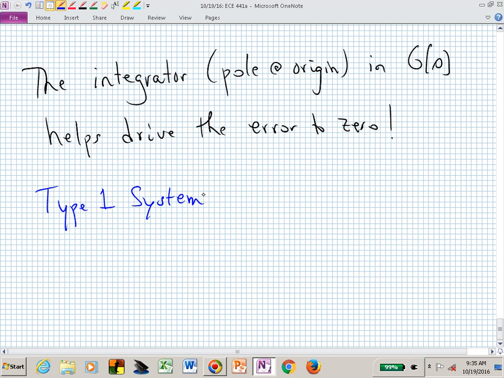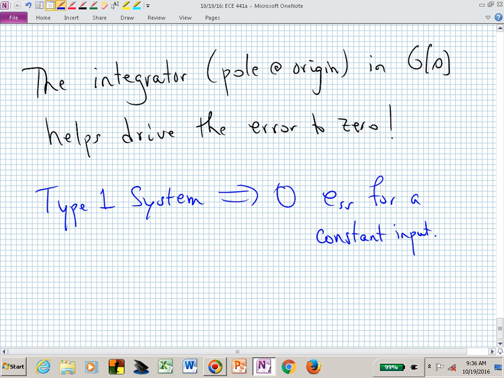In our G of S, the DC gain of G of S was unbounded, or not defined. It was going off to infinity. But a type 1 system says that we have 0 error in steady state for a constant input.